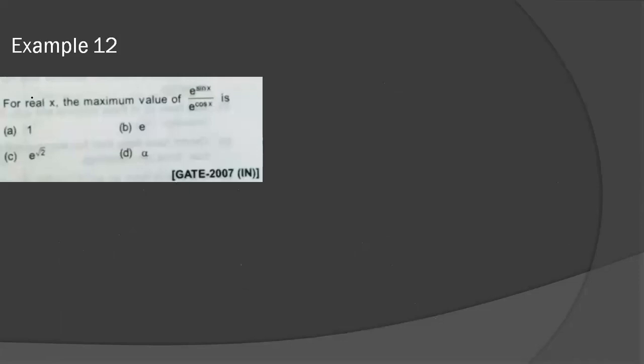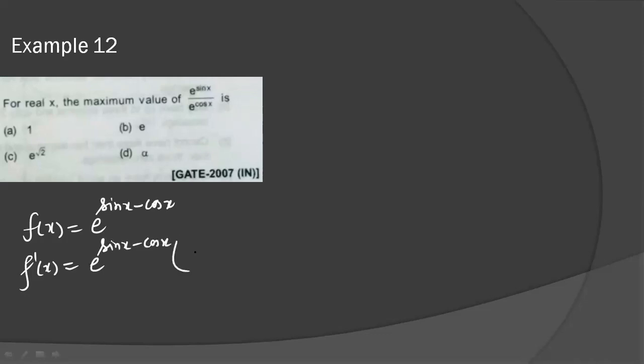Find the maximum value of f(x) equal to e to the power sin x minus cos x. We can write like this. Then f dash x equal to e to the power sin x minus cos x, and the derivative is cos x plus sin x.